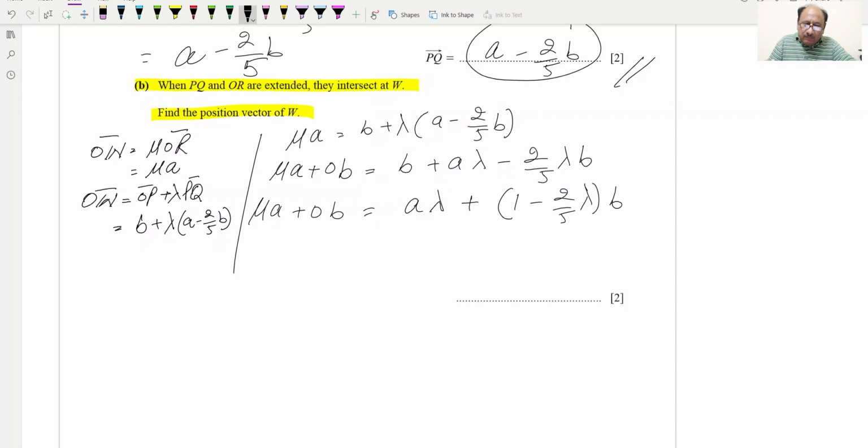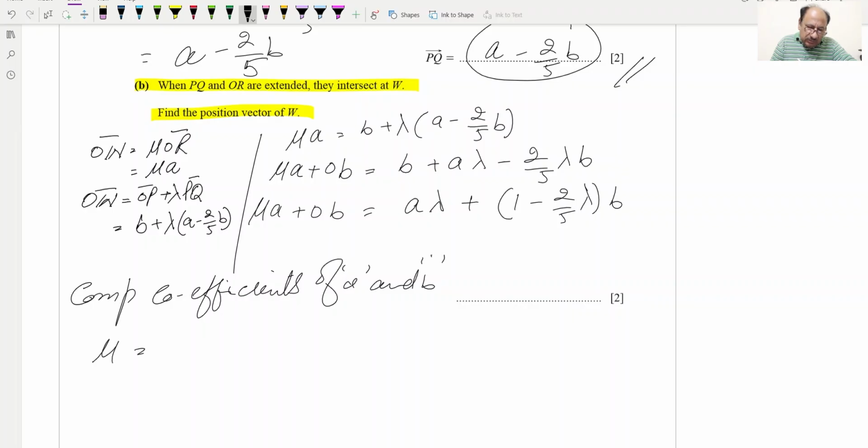Now we can compare this with this. So comparing coefficients of A and B, we will write mu is equal to lambda, and if we compare B, the second equation, we will get 1 minus 2 over 5 lambda is equal to 0.